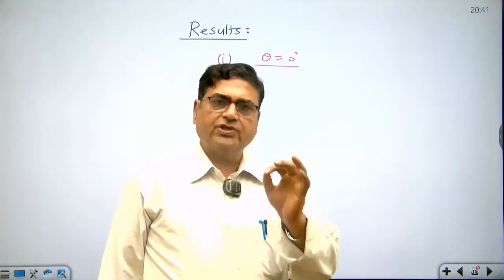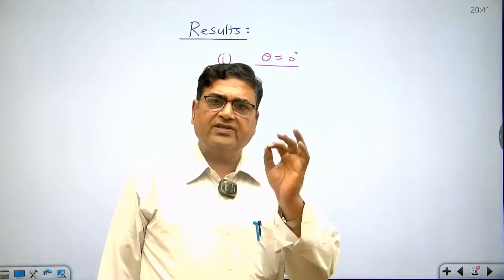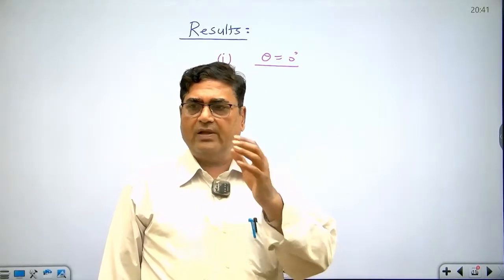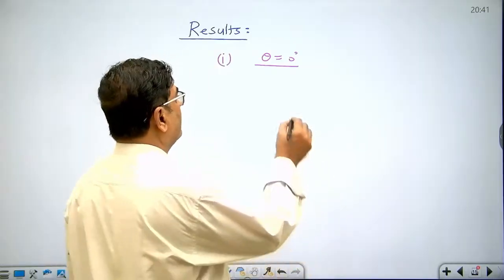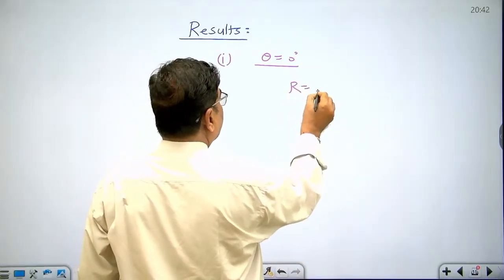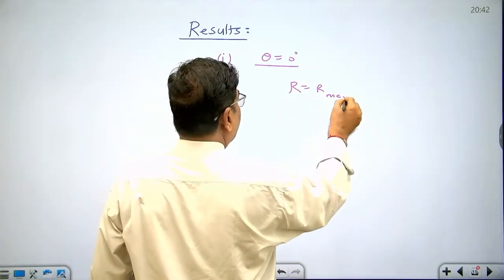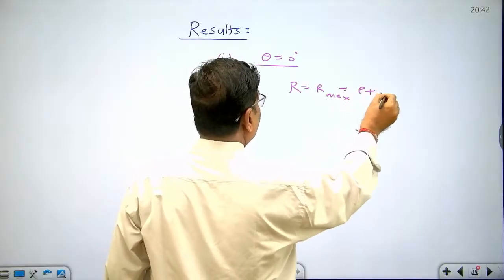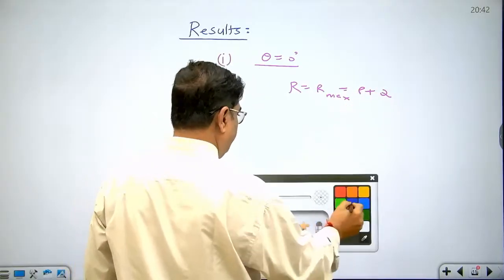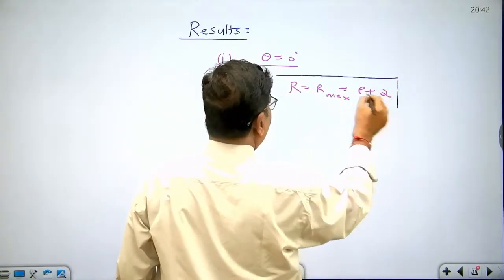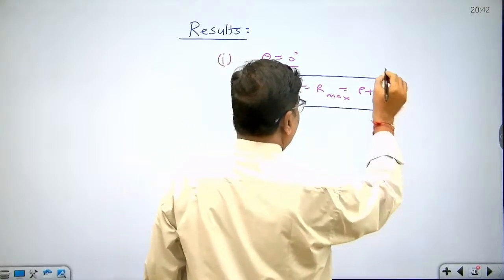Dear student, cos 0 equals 1. When vectors are parallel, the resultant will have maximum value. So R will be equal to P plus Q. Whenever you need to find the maximum value, you take parallel vectors.